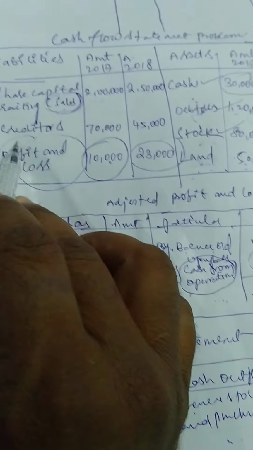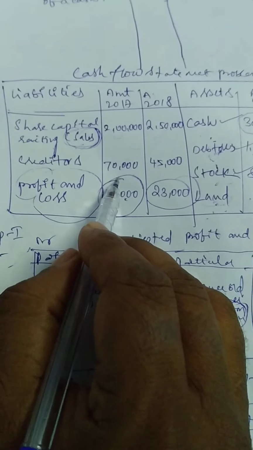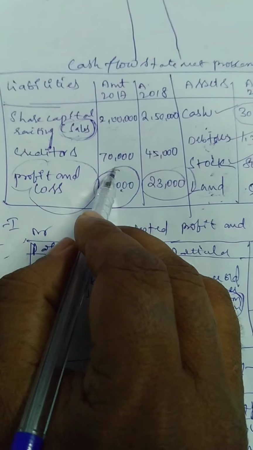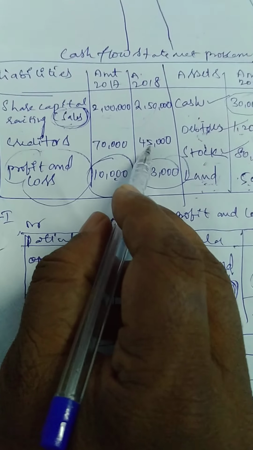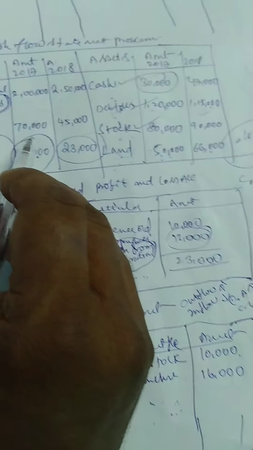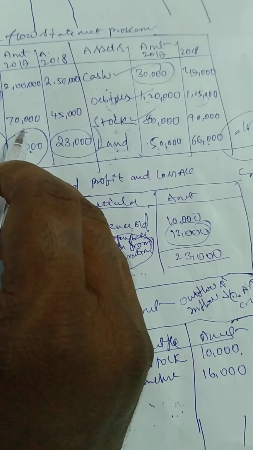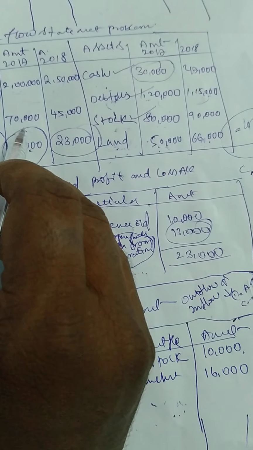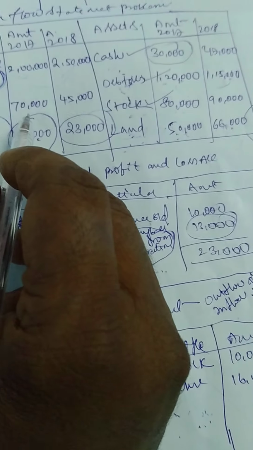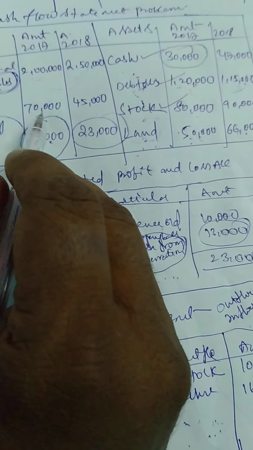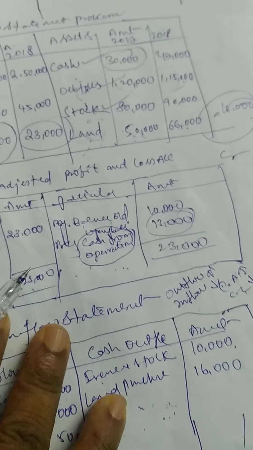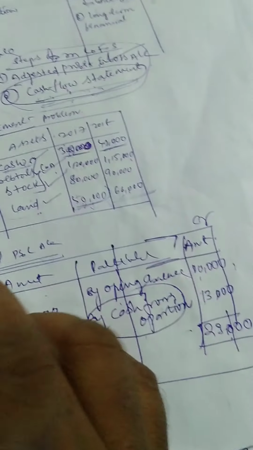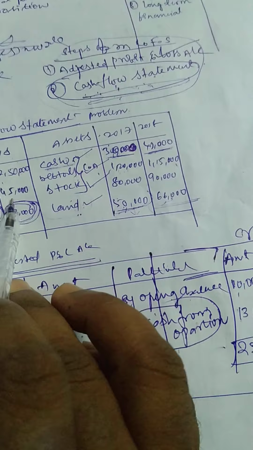Next, creditors. In 2017 70,000, in 2018 45,000. Is it an increase or decrease? It is decrease. Creditors, how much? 70 and 45.